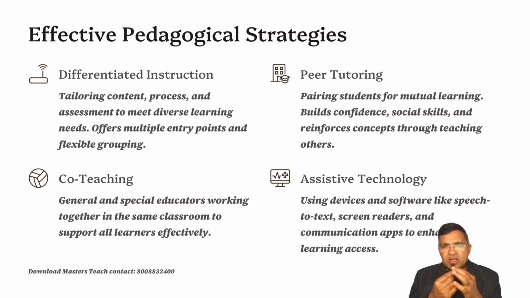Then assistive technology, using devices and software like speech to text, screen readers, and communication apps to enhance learning access. Simply, you have to give different instruction for different people, and you should encourage peer tutoring, where one student teaches another.